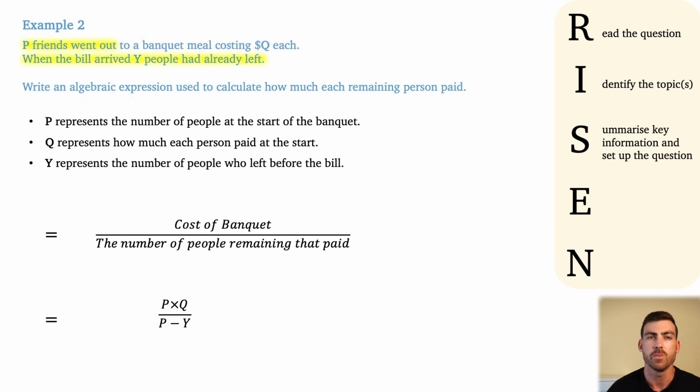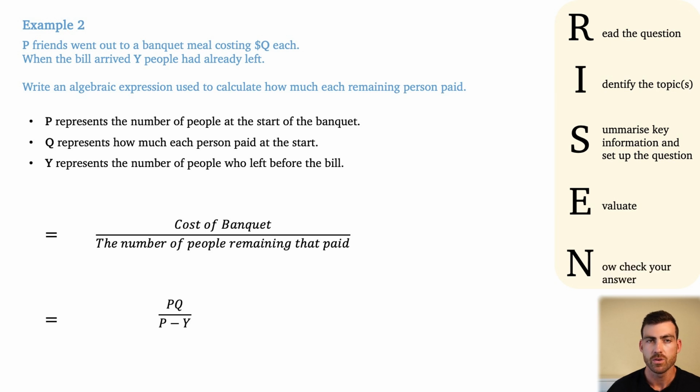Now we divide this by how many people were remaining that paid. Well, if we started with an unknown number of people P, then an unknown number of people Y left before the bill. So to find the number of people remaining to pay the bill is P minus Y. We could also abbreviate the numerator to PQ.